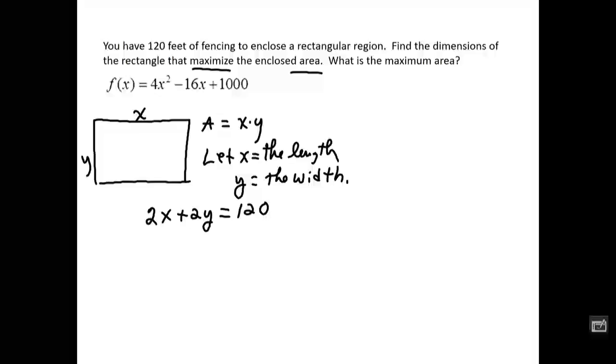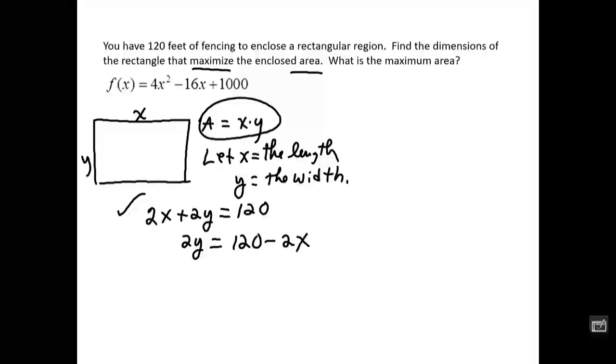So since I want to ultimately express A as a function of one variable, let me now express y in terms of x. So I now want to solve this for y. In order to do this, I have 2y is equal to 120 minus 2x.